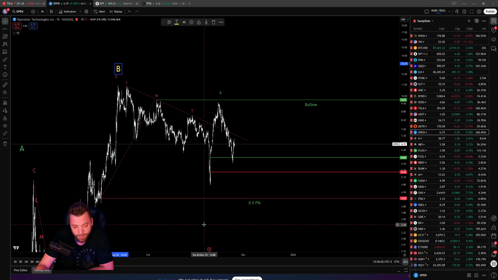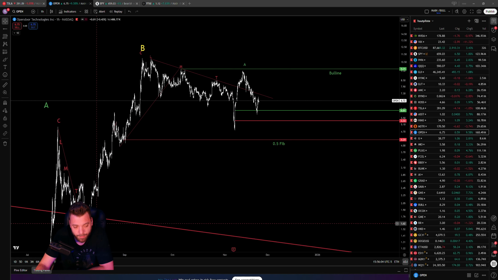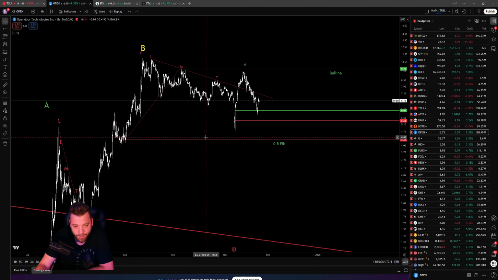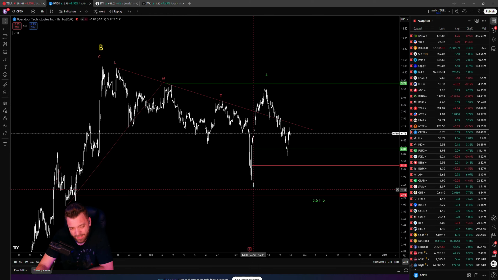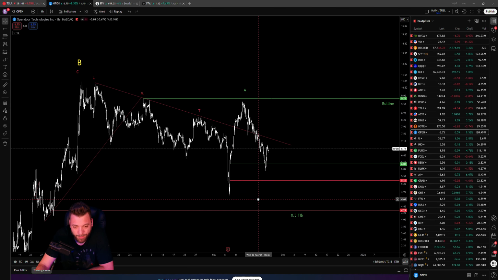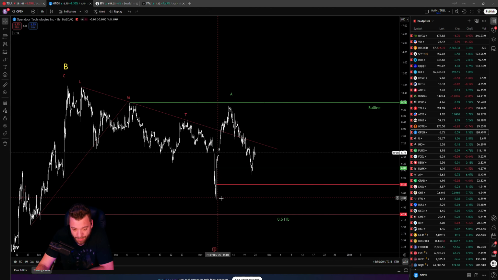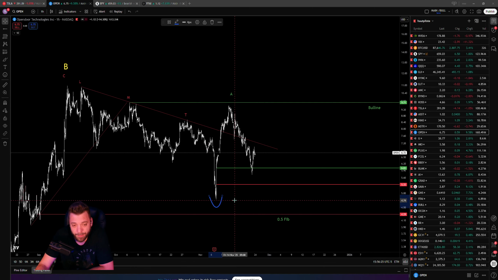Your 0.5 from the A low to the B peak is here. We came close, but in my opinion, not close enough. That's why I also have an alternative. But for the bullish tracking, this was your 0.5 bounce.